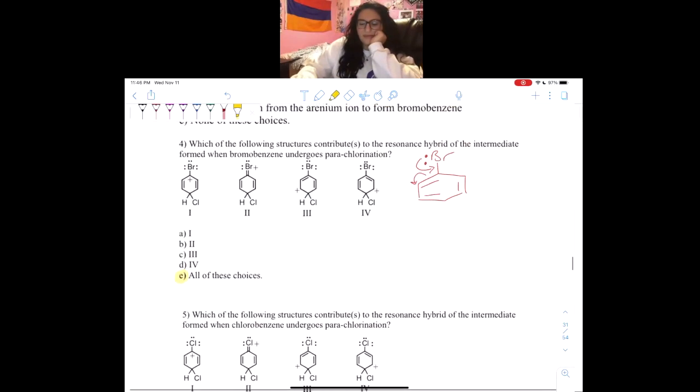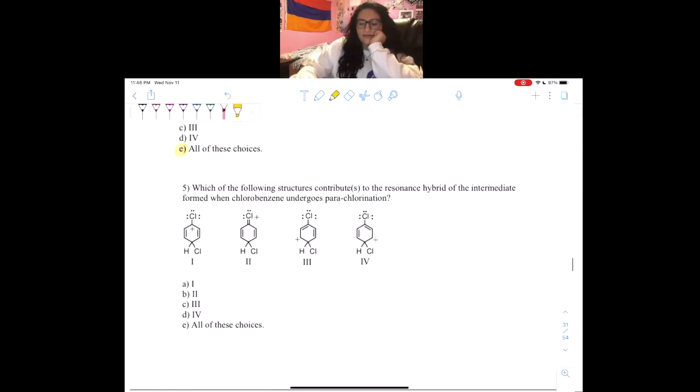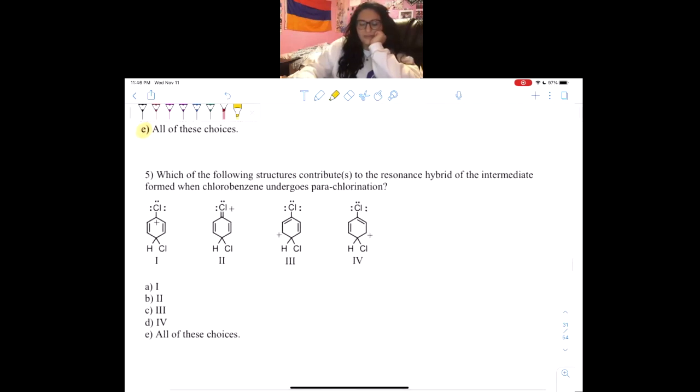The next one, number 5, is slightly different. Again, it's asking for all of the following that apply to the hybrid, and now we're doing chlorobenzene undergoing chlorination.